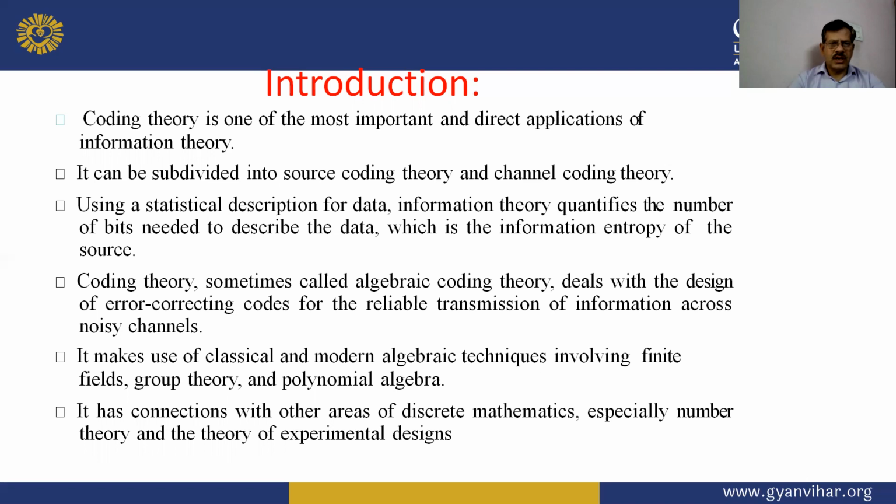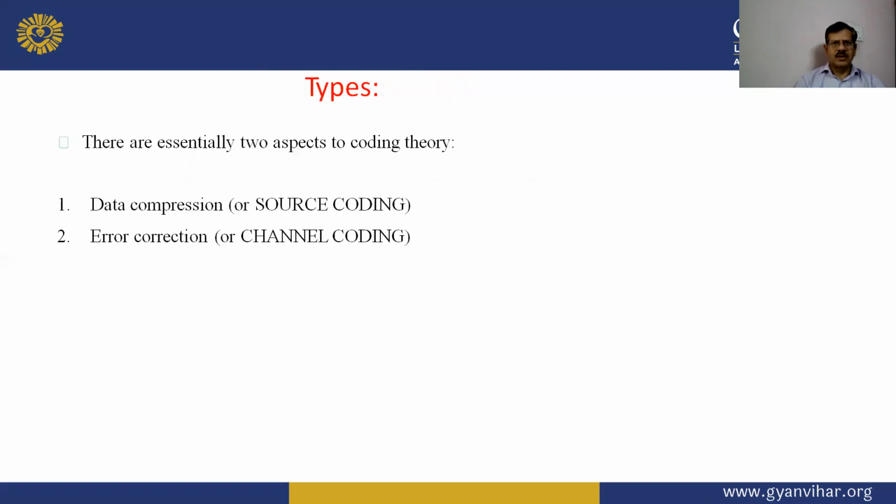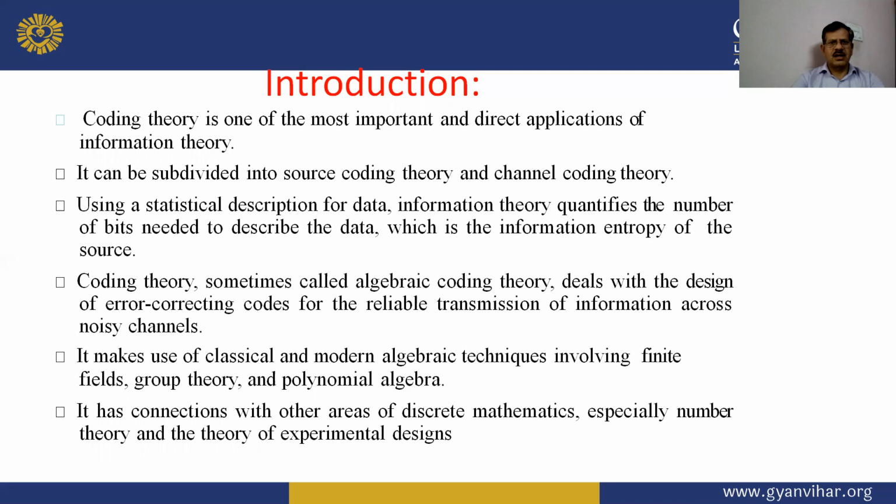It also has connections with other areas of discrete mathematics, especially number theory and the theory of experimental designs. So this is the introduction about coding theory or information theory.